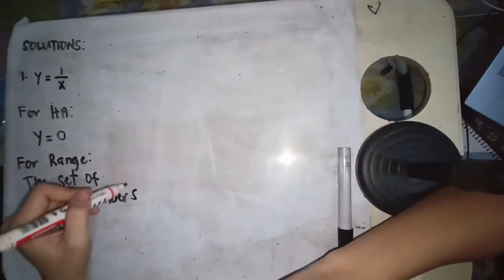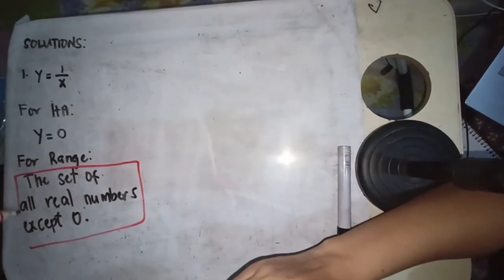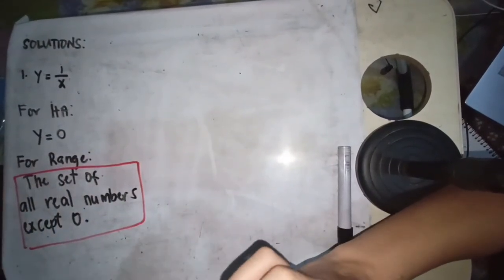Okay? So, this will be the range of our rational function. That's how we find the range.